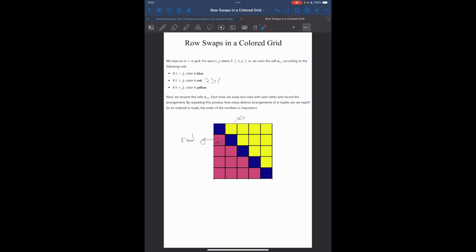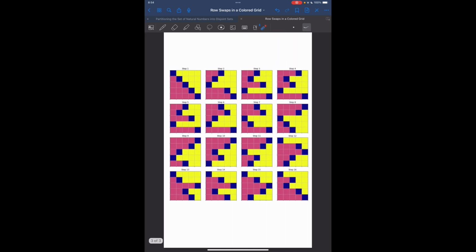Let me explain this problem with an example. Here I have a 5 by 5 grid, and I'm going to make swaps step by step just to show you what the problem is asking. In step 2 here, I'm swapping the first and third row.